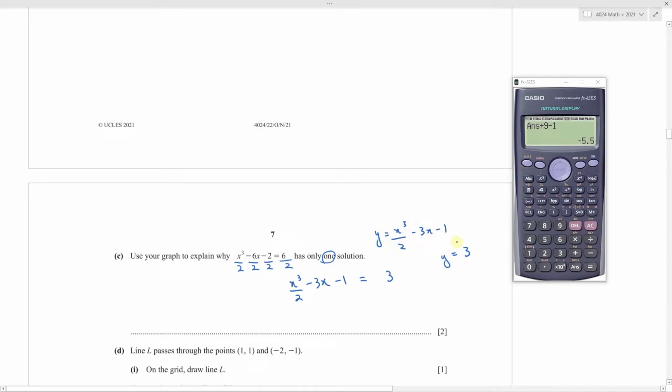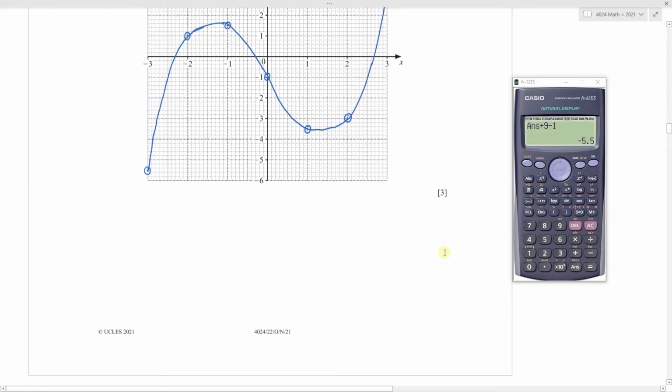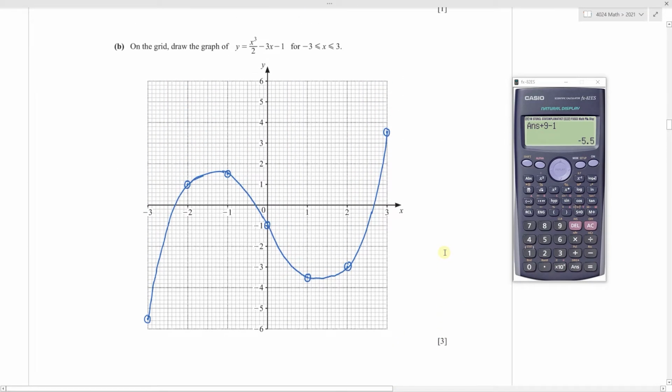So we are already given this graph. Let's look at the graph of y equals 3. So y equals 3 is a straight line like this. And we can already see that they intersect only at this one point. So that means there is only one solution.